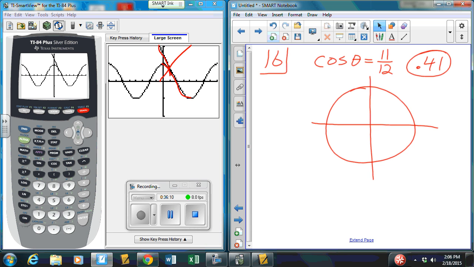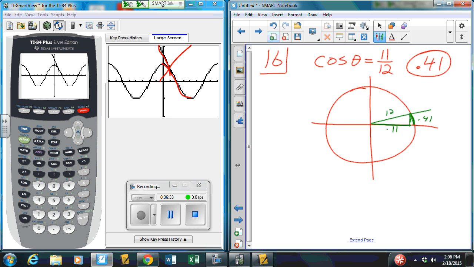So 0.41 is down here somewhere, okay? My angle of rotation is 0.41. My radius is 12, and x is 11. We don't know what y is, and we don't need to know what y is to figure this out. It's 0.41, right?